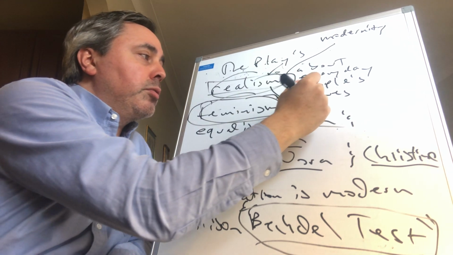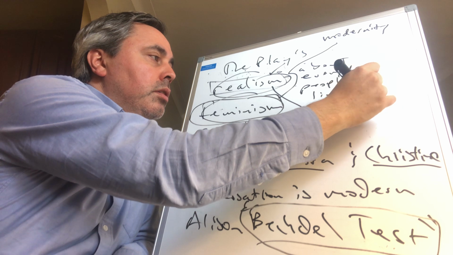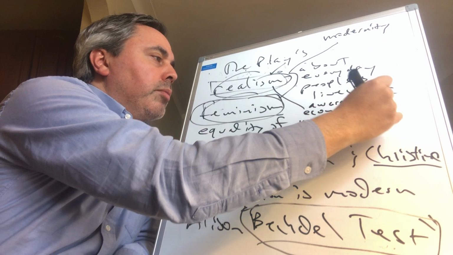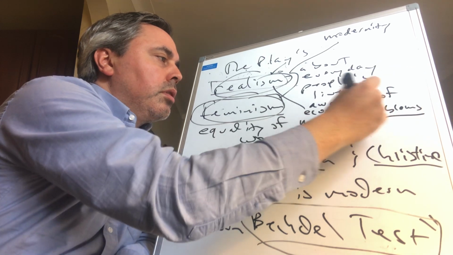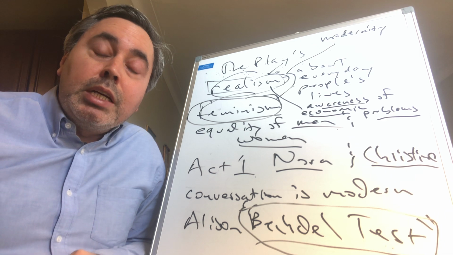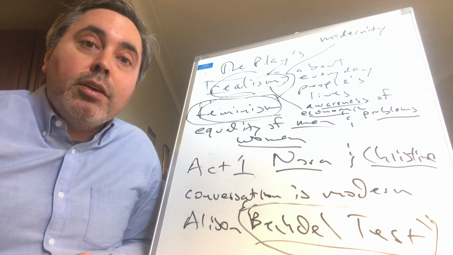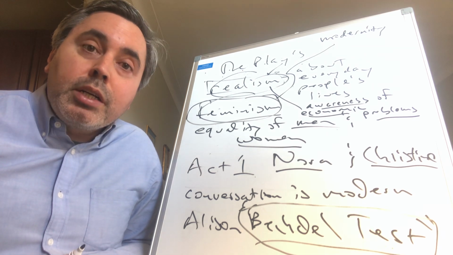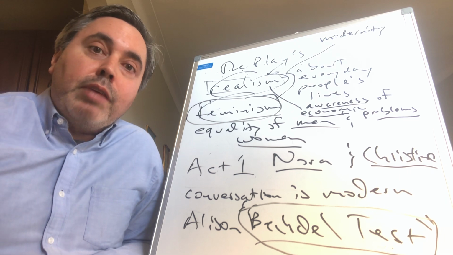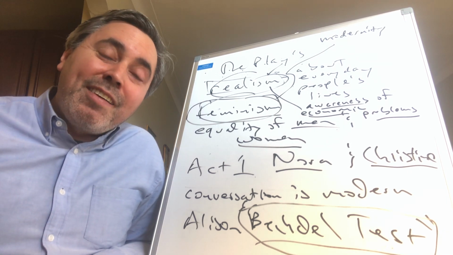And realism means ultimately awareness of economic problems. That people need money, people need jobs, and to advance, you have to work. And that when work becomes so central to advancement, it can actually hurt people. He becomes sick from overwork.